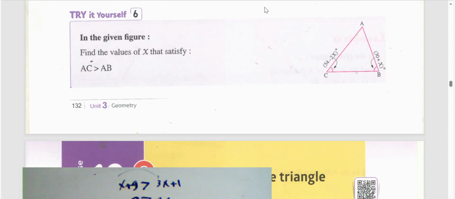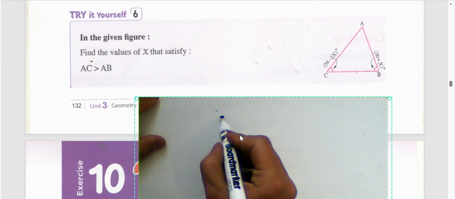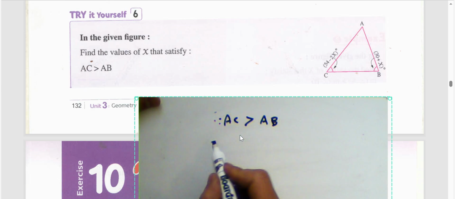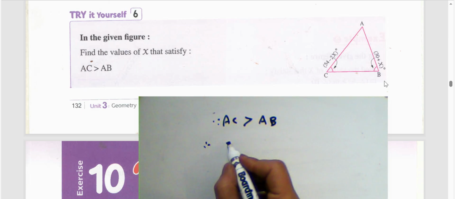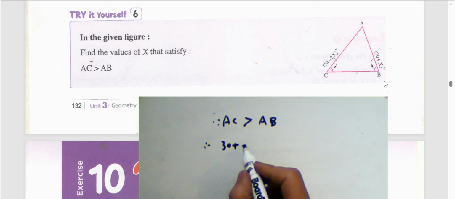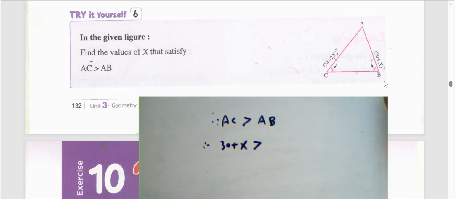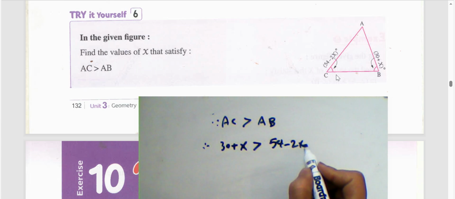Try it yourself, number 6. Find the value of x that satisfies AC greater than AB. If AC greater than AB, then the opposite angle of AC is greater than the opposite angle of AB. Such that AC was greater than AB, the measure of the angle opposite AC will be 30 plus x, which is greater than the angle opposite AB, which will be 54 subtract by 2x.